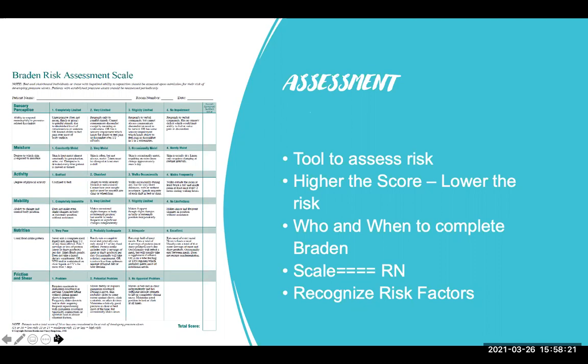In your book, it tells you how to rate them: low, moderate, and high. Anywhere between 15 and 16 is considered low risk. 13 to 11 would be moderate risk. 12 or less would be high risk.